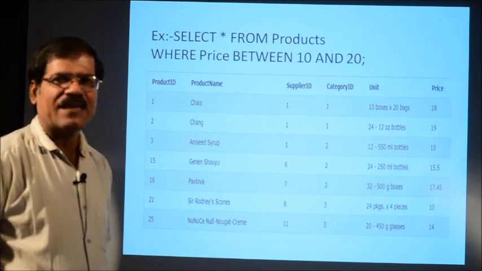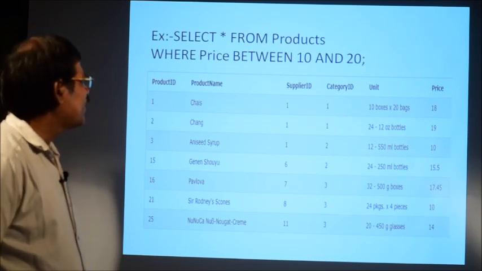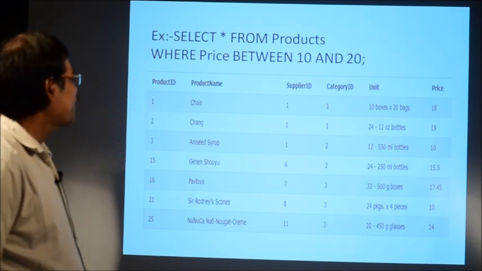Which table? The table name is product, where price between 10 and 20. In place of star you write only product name.